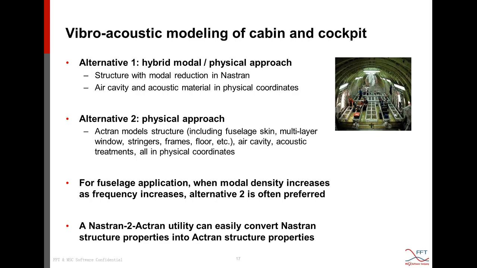So this translator can easily translate all the Nacelle structural properties into Actran structural properties. So suppose we have a Nacelle model of the fuselage, just by one click, it can be translated into an Actran model, and then in Actran we'll simply combine these structural properties with the internal cavity, with the foam modeling, etc.